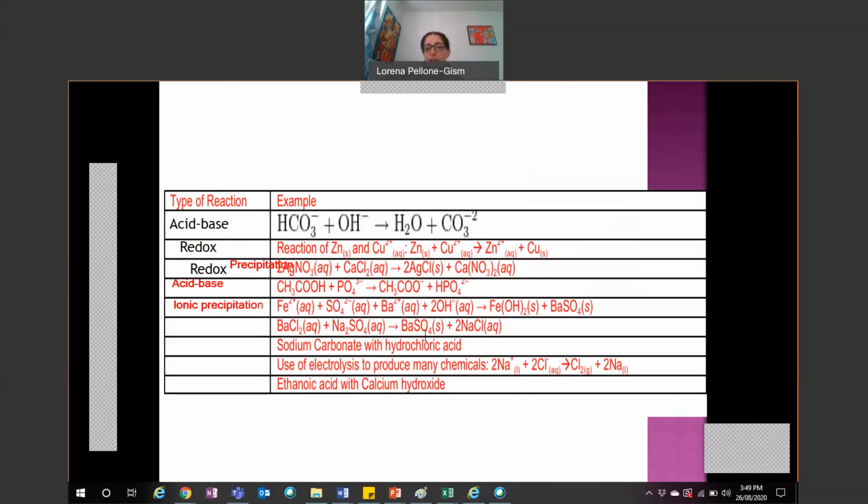The next one down, you've got a precipitation reaction as well. And then you can see that this would definitely be acid base. And this is a new type of reaction, and it's called redox. And then finally, we've got an acid-base reaction here.